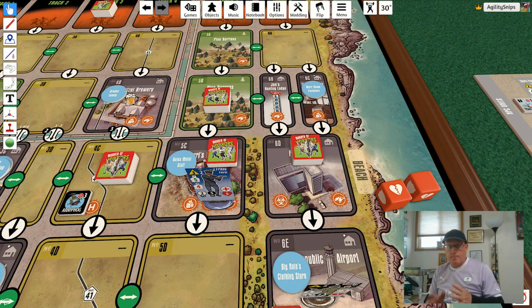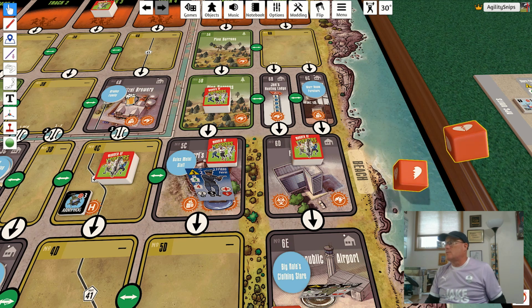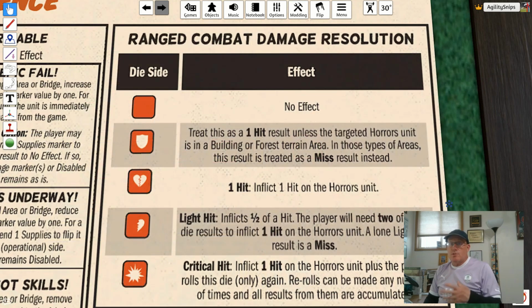Having paid any supplies that you need to and chosen a target, in this case, let's say we're targeting this Murder of Horrors unit in the same area as me, you roll dice equal to your range combat rating. So in this case, we would roll 2 dice. Most of the results are exactly the same with the exception of the shielded result.